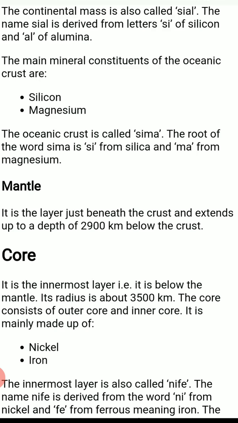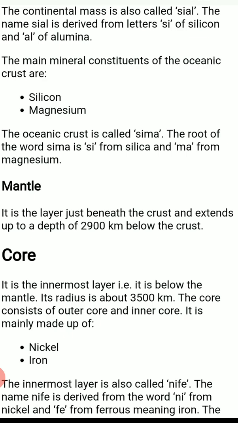The root of the word is Sima: Si means silica, and Ma is magnesium. The crust is made of continental and oceanic. Continental you can understand by the Sial, and oceanic by the Sima.